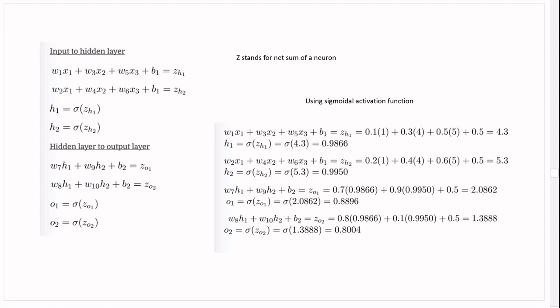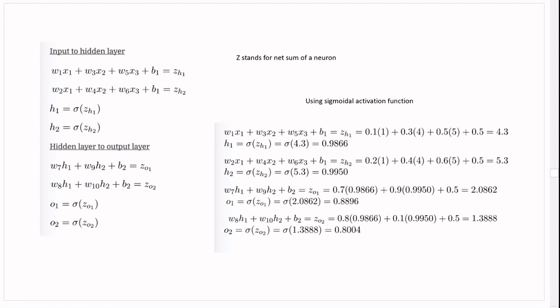Let us call the net sum for the first hidden layer neuron ZH1, and that net sum will be given by W1X1 plus W3X2 plus W5X3 plus B1. Similarly, the net sum for the second hidden neuron, let us designate it as ZH2, will be given by W2X1 plus W4X2 plus W6X3 plus B1.